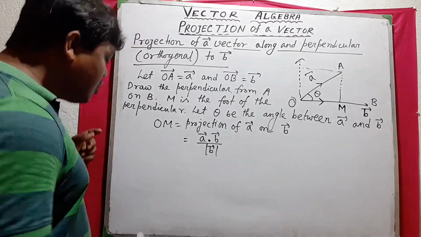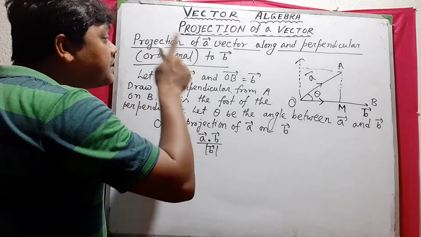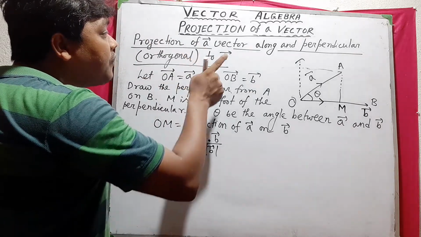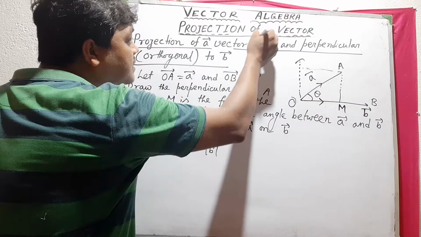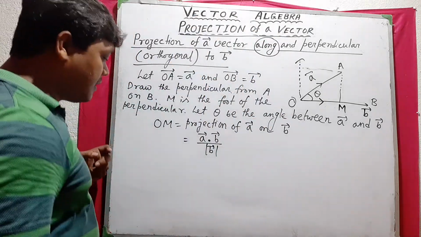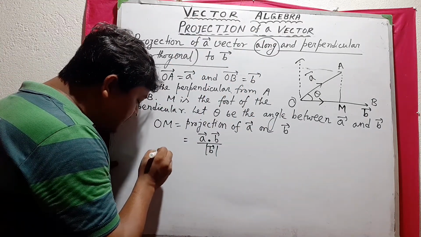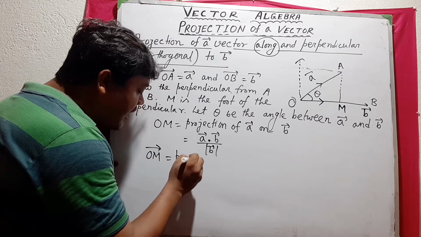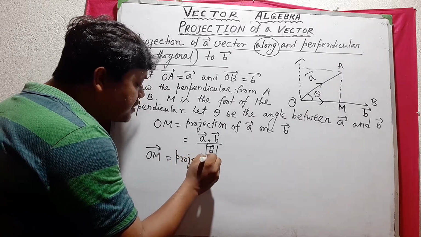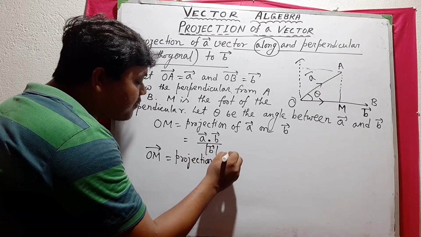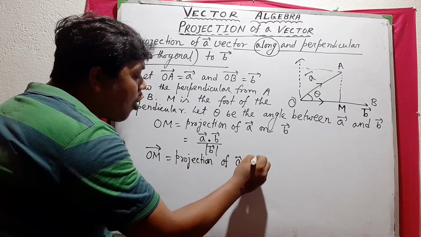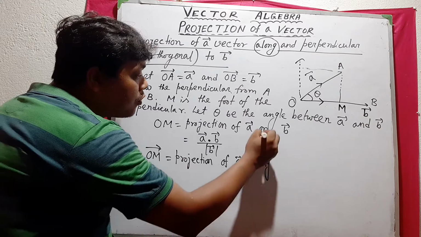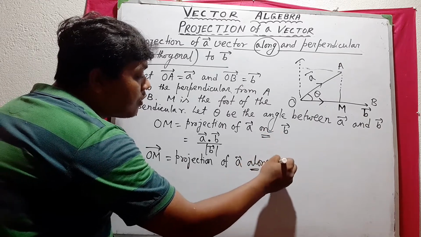So এখানে কোশ্চেনটা দিচ্ছে প্রজেকশন ভেক্টর অফ এ অ্যালং বি, অ্যালং কথাটা থাকা মানে ভেক্টর বার করতে হবে। So OM vector means projection vector of A along, not on, এবং along দুটোর মধ্যে পার্থক্য, along B vector.